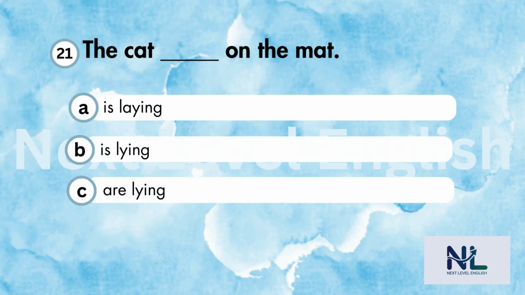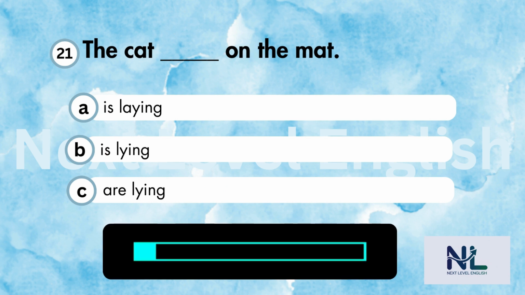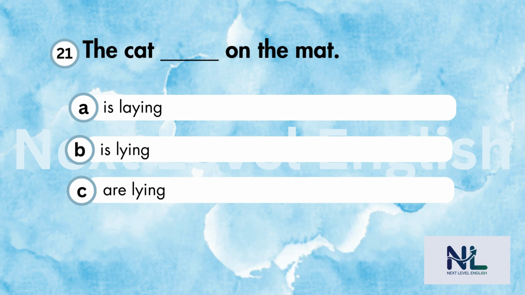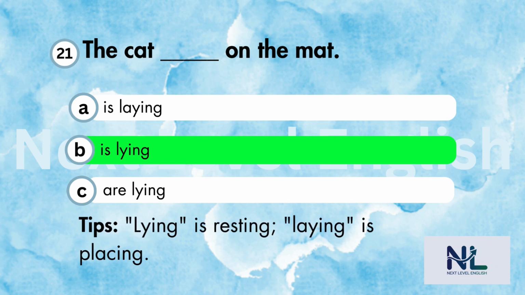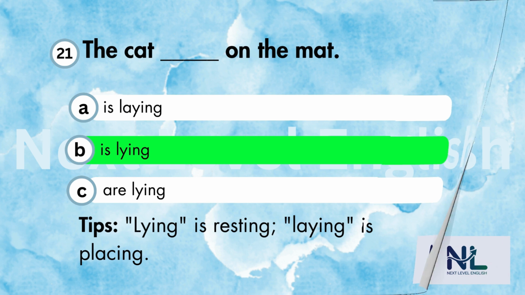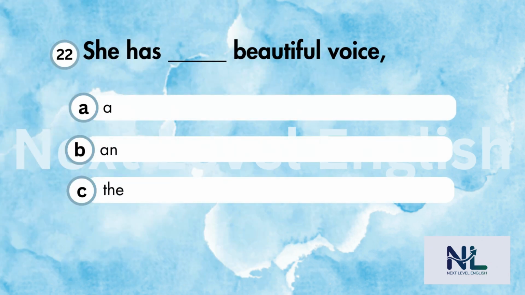21. The cat on the mat. Is lying. Tips: lying is resting, laying is placing. 22. She has a beautiful voice.